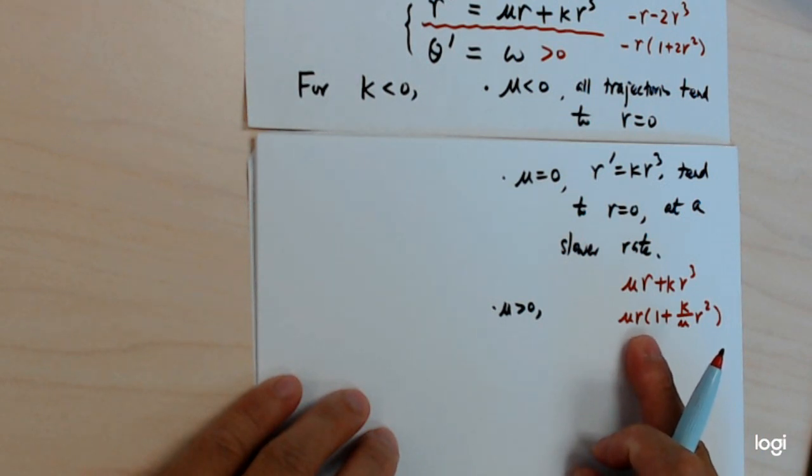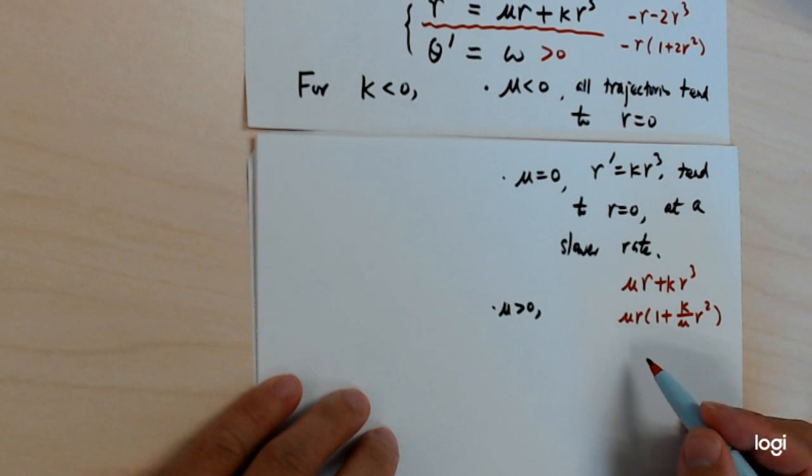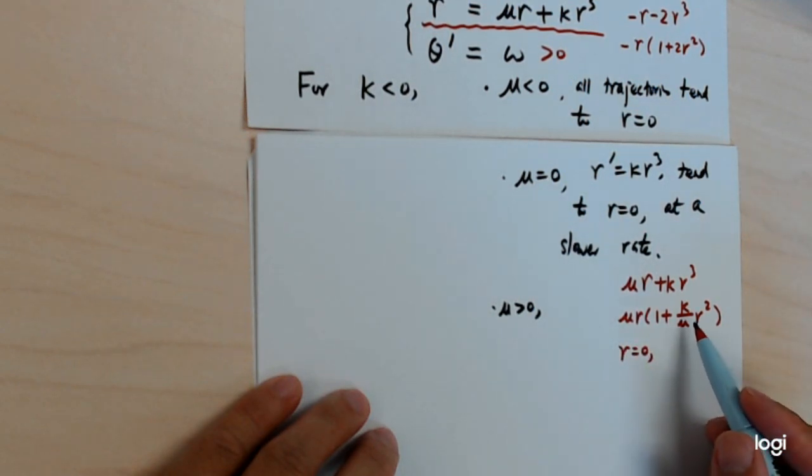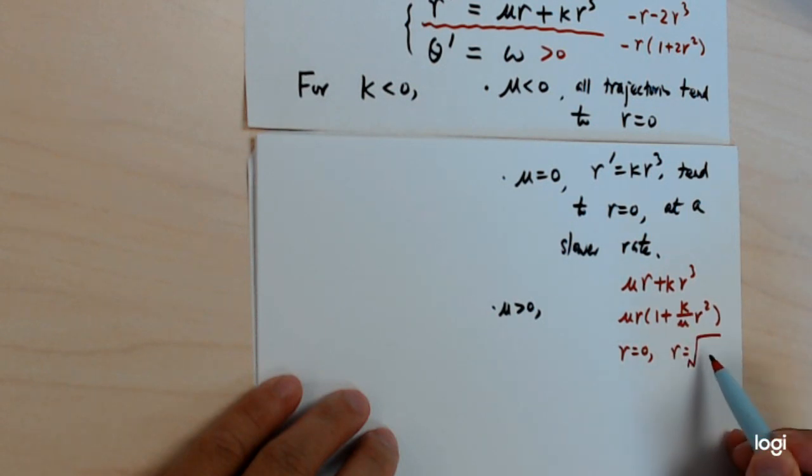So once again, there are actually two equilibriums. One is r equal to 0. Keep in mind, this ratio here is a negative number. K is negative, mu is positive, so this is a negative number. So I can solve for r, which is the square root of mu over k's absolute value.